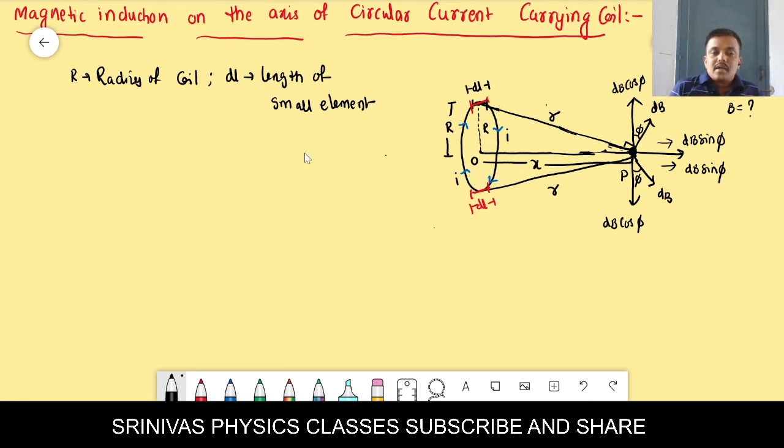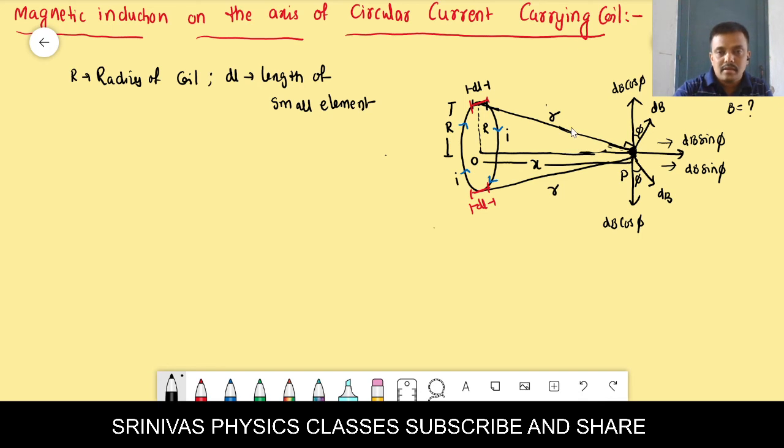Okay. Now let us continue for some time. Now you see that this is a circular coil, and due to the small element dl, the magnetic induction is dB.